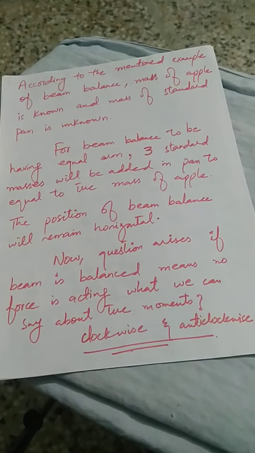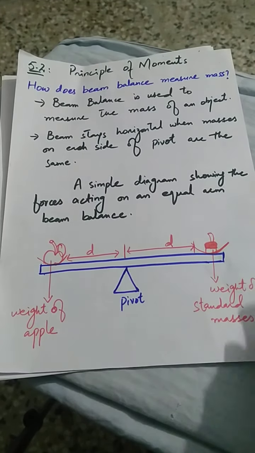Now further, according to the mentioned example of the beam balance, the mass of the apple is known, and the standard mass in the pan is unknown. Here in this diagram, the mass of the apple is known, and the standard masses being placed in the second pan are unknown to us.